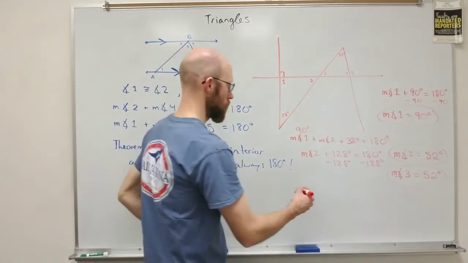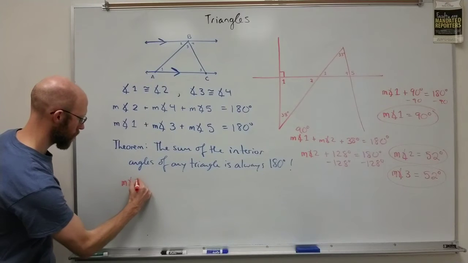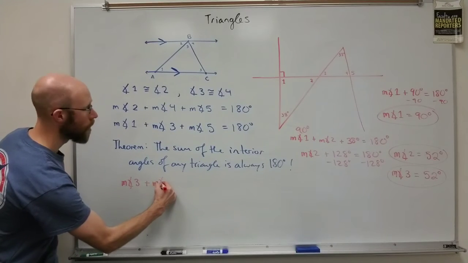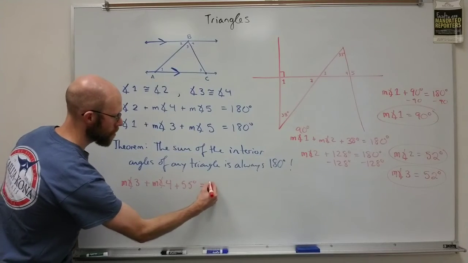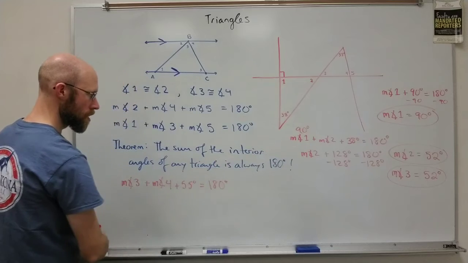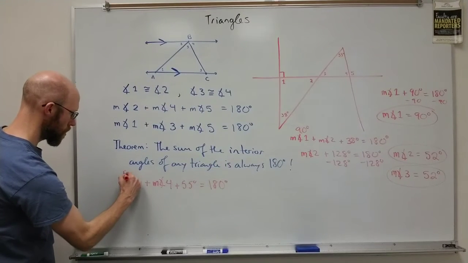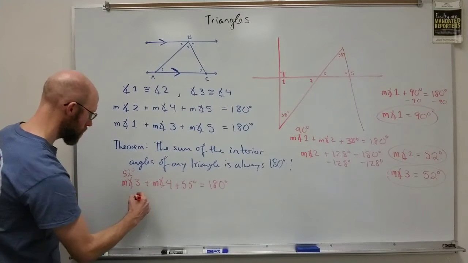Okay, so bring it over here this time. Measure of angle 3 plus the measure of angle 4 plus that 55 degree angle is going to be 180. I already know that angle 3 is 52 degrees. And if I add the 52 and the 55, that's 107 degrees.